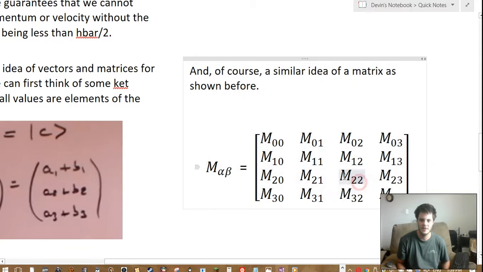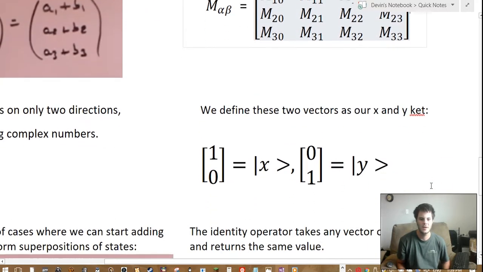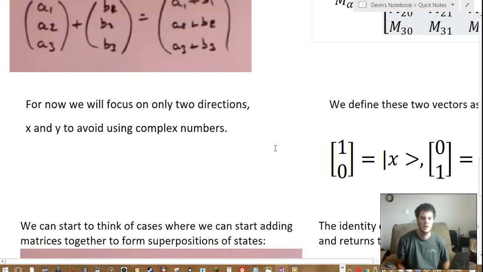But we also, remember, have this idea of a matrix. So we're going to limit ourselves to this little block down here, M11, M12, M21, M22. So we're limiting ourselves to 2 dimensions. Point is, we're going to move on.